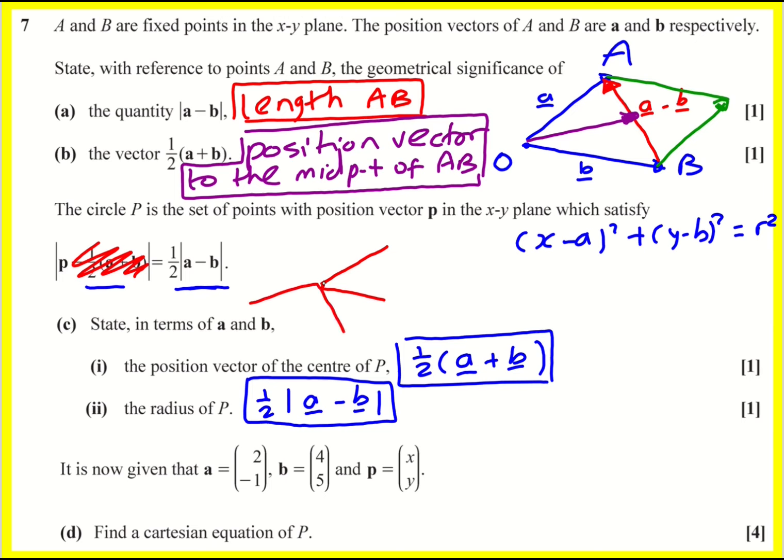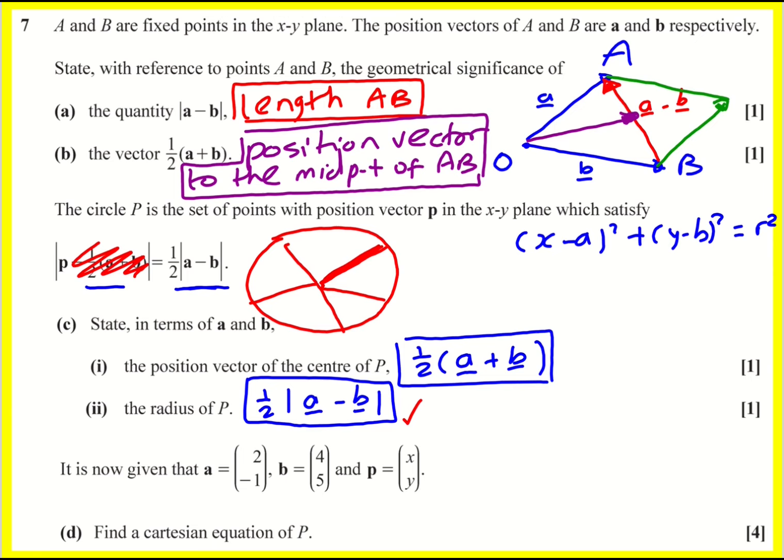If I draw these vectors going in different directions, we can see that we are going to form a circle. And the magnitude is this, a half of a minus b. So that is why it's the radius. I'm just trying to explain a little bit more why it's a circle.